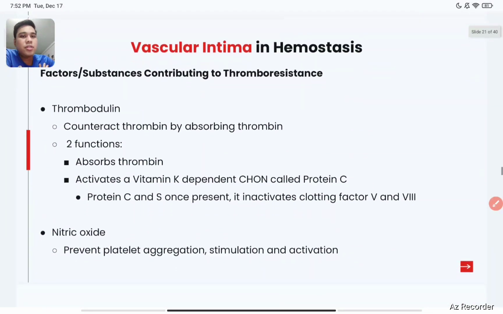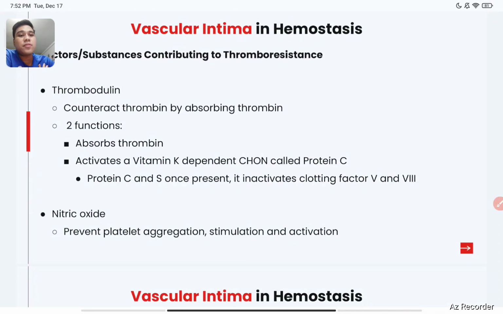And then you also have thrombomodulin. It counteracts thrombin by absorbing thrombin. So it has two functions. It absorbs thrombin, kinukuha niya si thrombin, so wala ulit mag-activate kay fibrinogen towards becoming a fibrin. It also activates a vitamin K dependent protein called protein C. Ano ba si protein C?